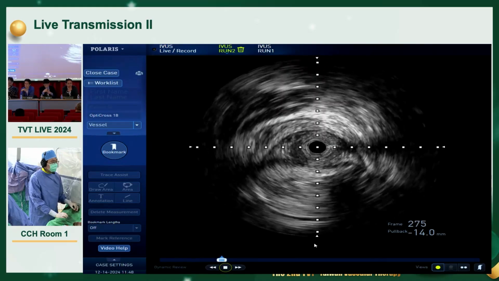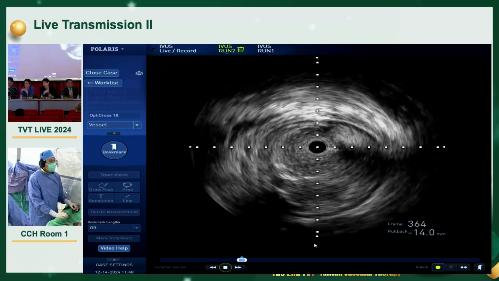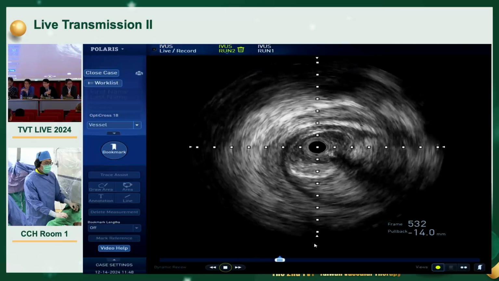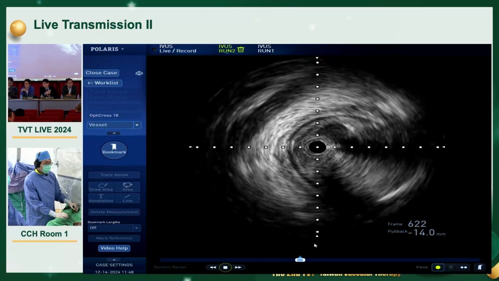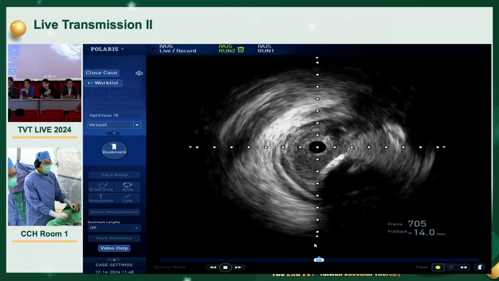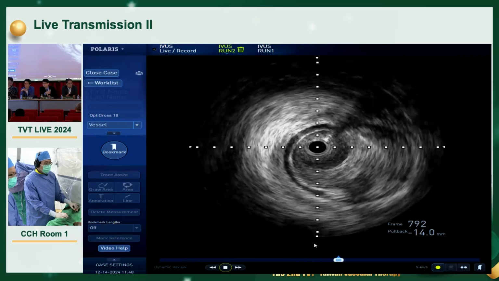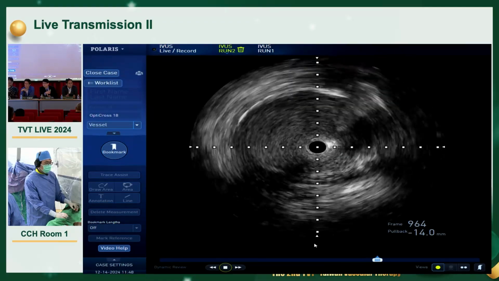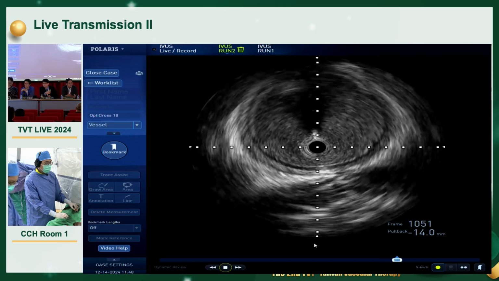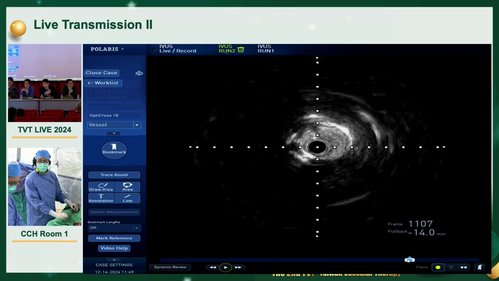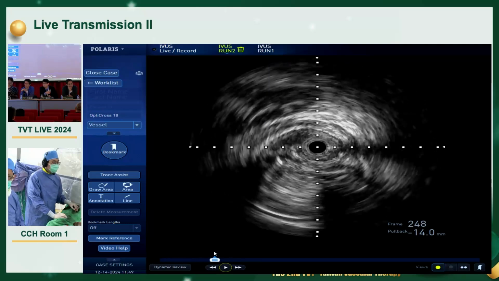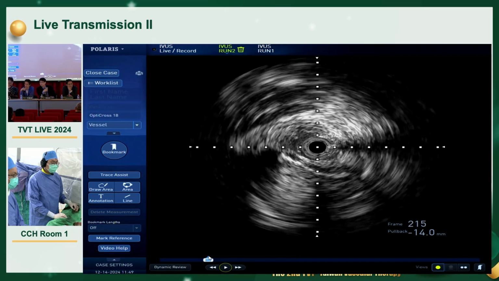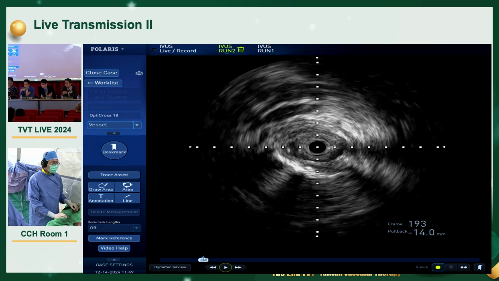And IVUS imaging, do you have suggest? Could you show us the segment of the stent?